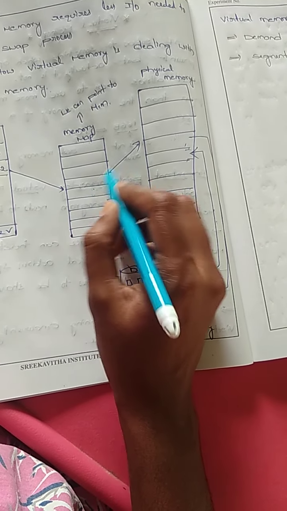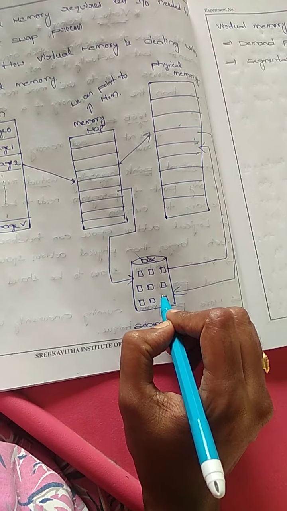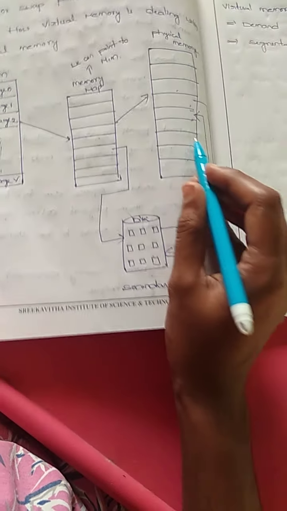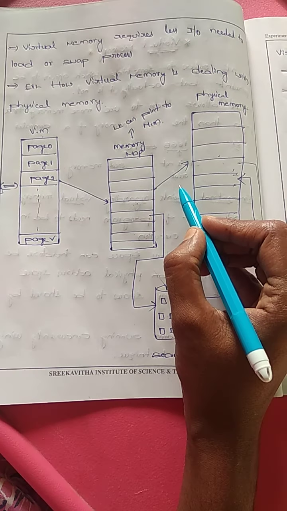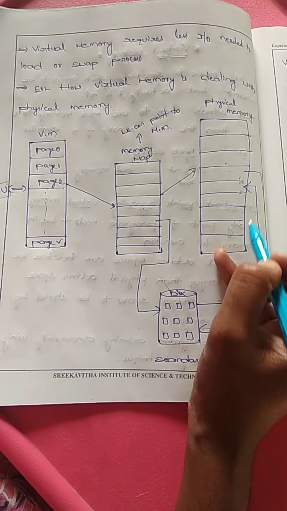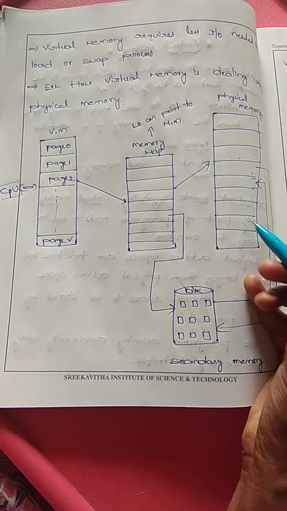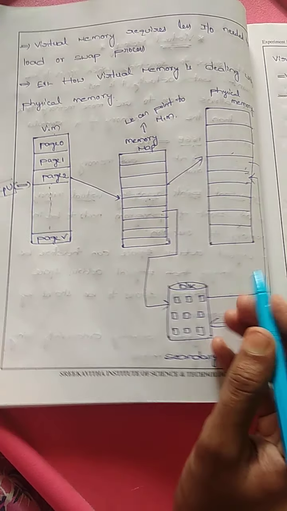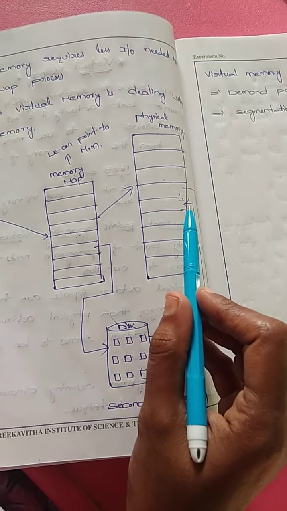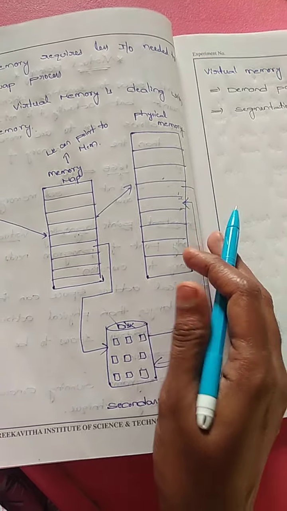It may be sent to the physical memory or it may be sent to the secondary memory. Whenever a particular page is not found in the physical memory, it can be retrieved from the secondary memory. So this is how virtual memory deals with physical memory.